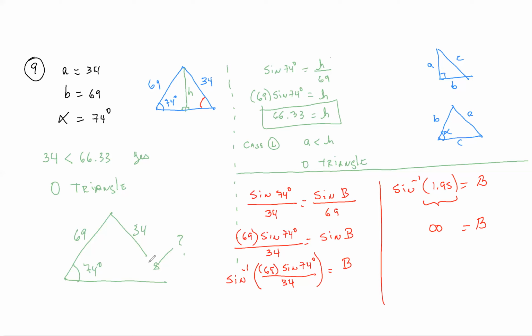You've got two options: you can use the test using the h, or try to find the missing angle using the law of sines. And the PowerPoint has a better explanation than this one.